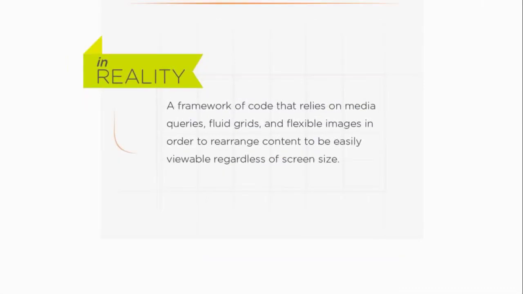In reality, responsive design is a framework of code that relies on media queries, fluid grids, and flexible images in order to rearrange content to be easily viewable regardless of screen size. Responsive design is a really interesting idea, incredible concept, and we're going to uncover today the pros and cons of that, and of course talk about STM, or straight to mobile.